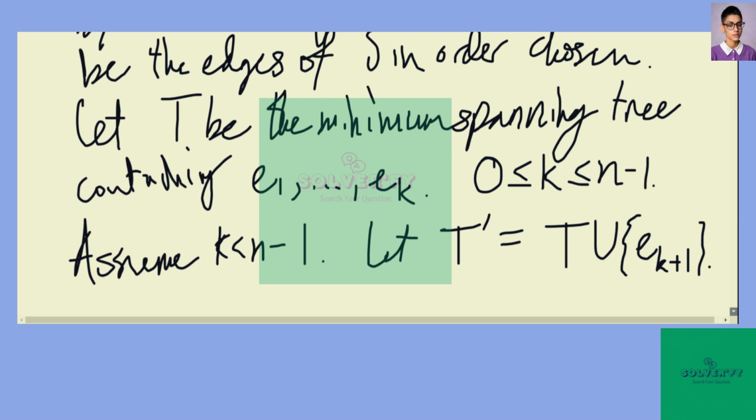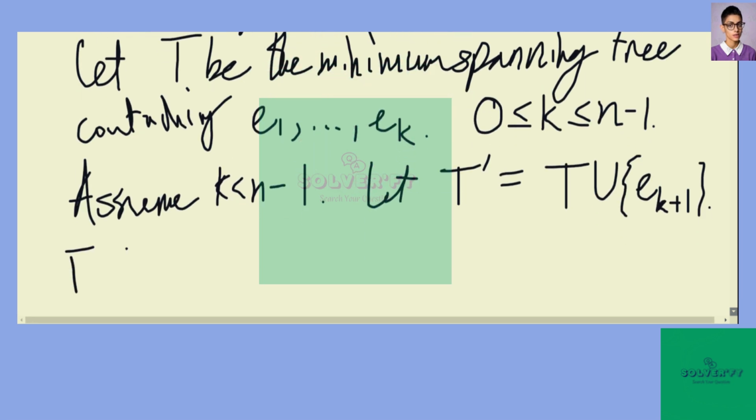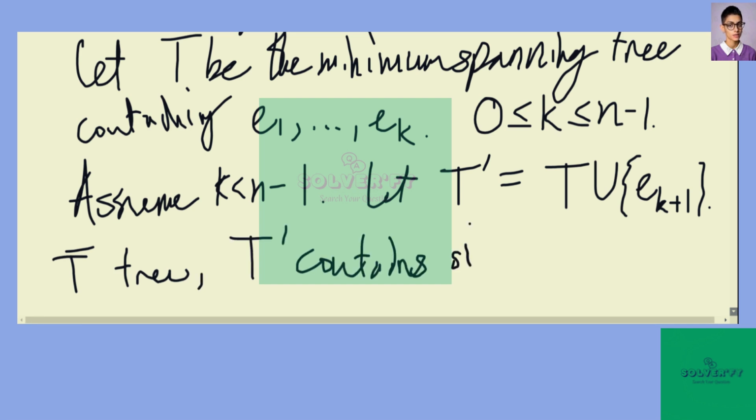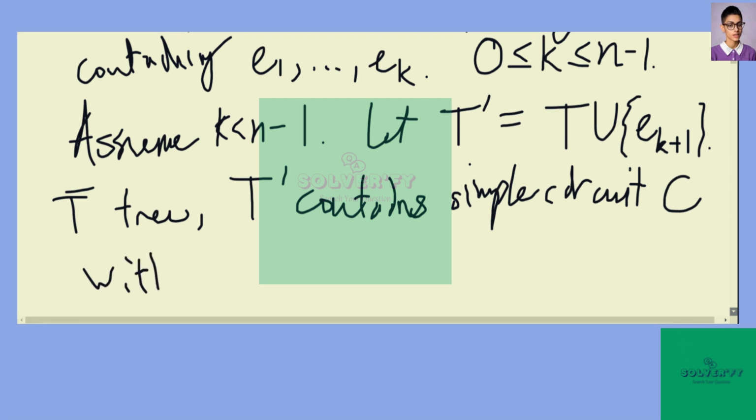Now, since T is a tree, it follows that T prime needs to contain a simple circuit, C. Of course, with the newly added edge EK plus 1.